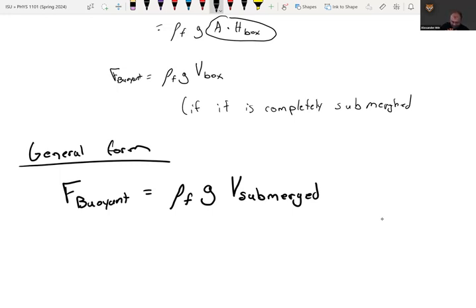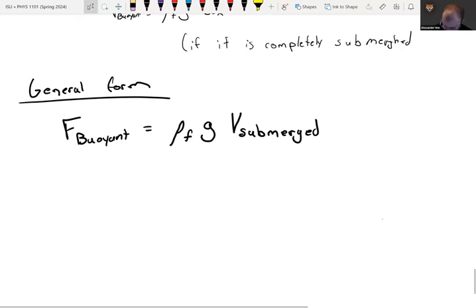Now there's another thing that comes up, so I'll go ahead and do this. We'll just talk about positively buoyant objects.